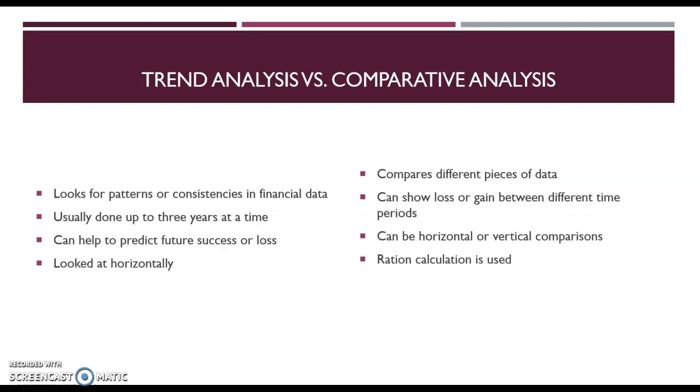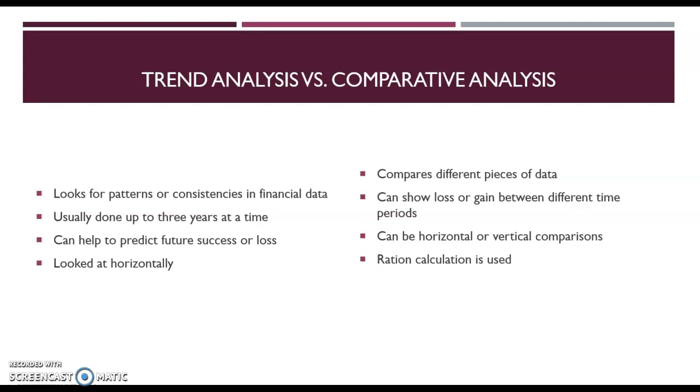Usually you can do it up to 3 years at a time, but it's always done horizontally. So you are looking straight across the board with each one of these. It can help predict future success or future loss based on trends from previous days, previous months, previous years, and different items such as that.